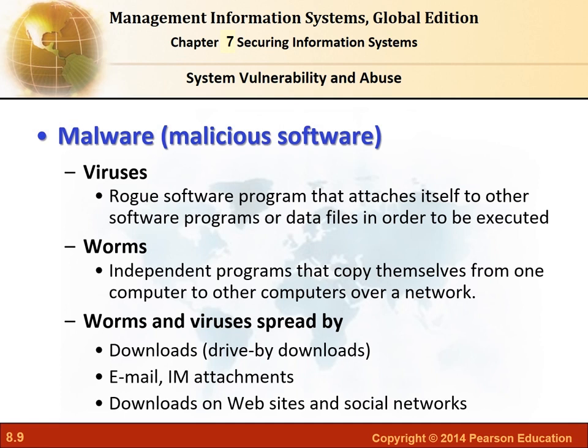Note that there are now more than 200 viruses and worms targeting mobile phones, and Web 2.0 applications such as MySpace and blogs are new conduits for malware and spyware. Malware is a serious problem. Over the past decade, worms and viruses have caused billions of dollars of damage to corporate networks, information systems, and data.